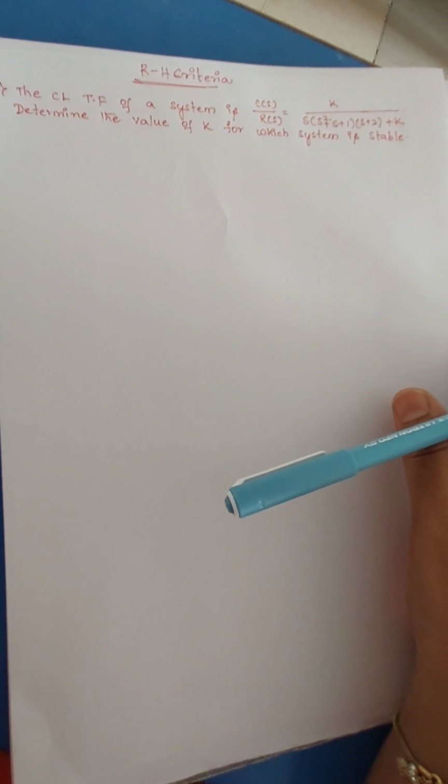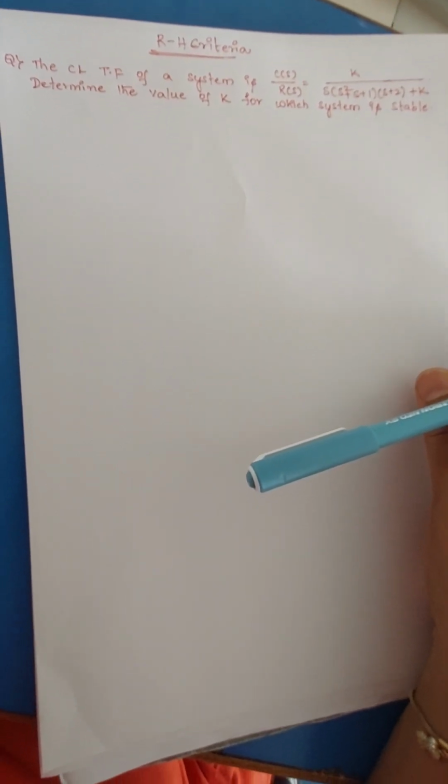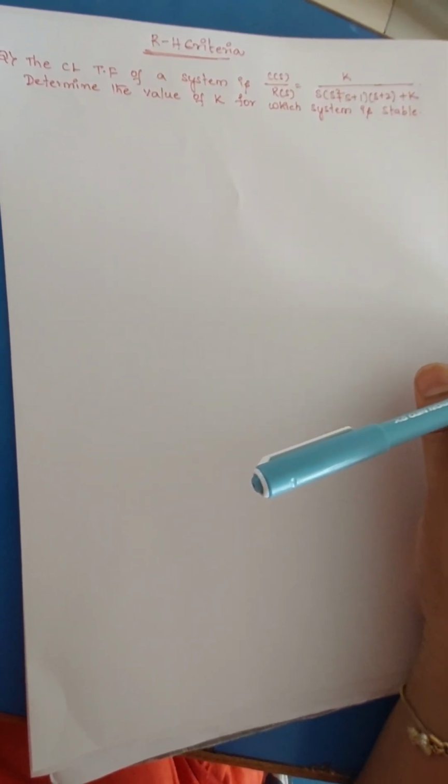For that, the first thing we do is formulate the closed loop characteristic equation.